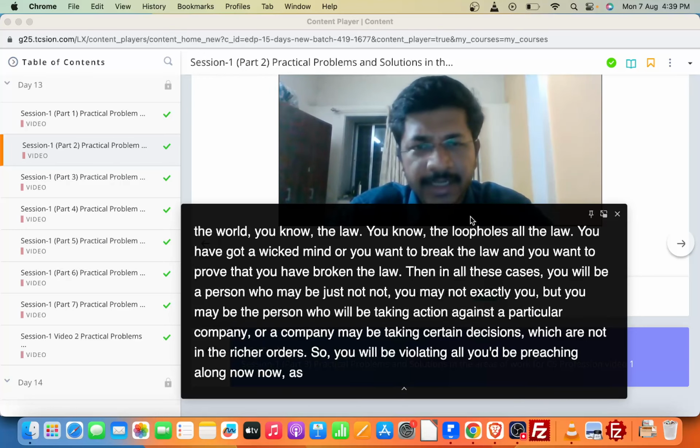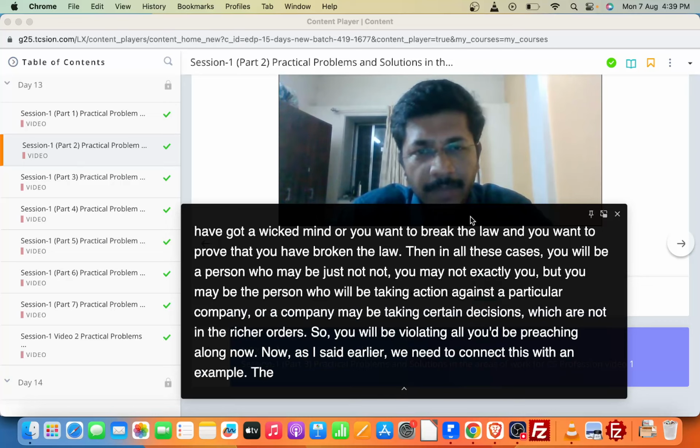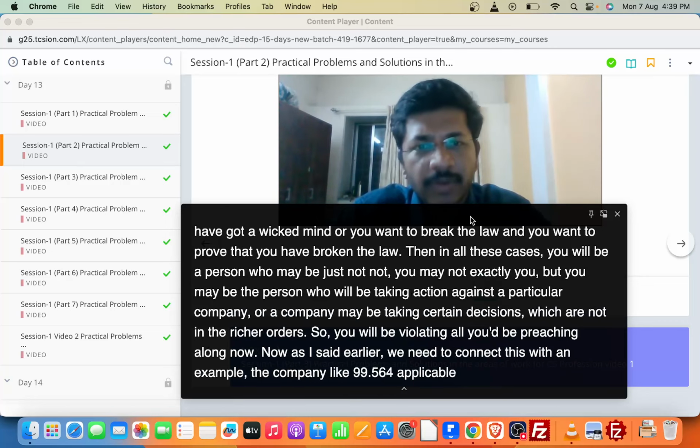Now, as I said earlier, we need to connect this. To give an example, the Companies Act 1956 was applicable from the year 1956.